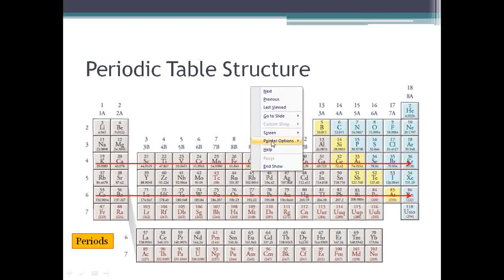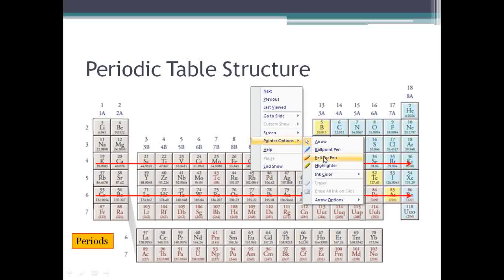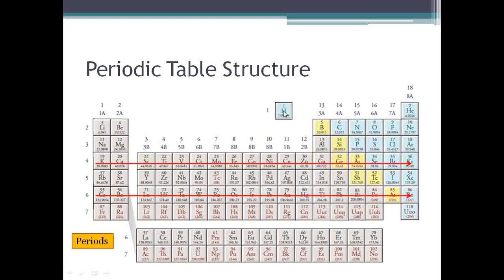Now let me just go and get a pen. So this row here, first row, number 1, consists only of 2 elements, hydrogen and helium. Second row consists of all of these here, etc.